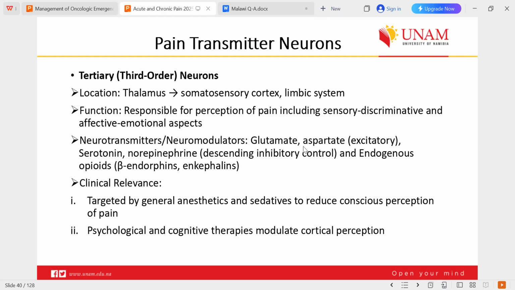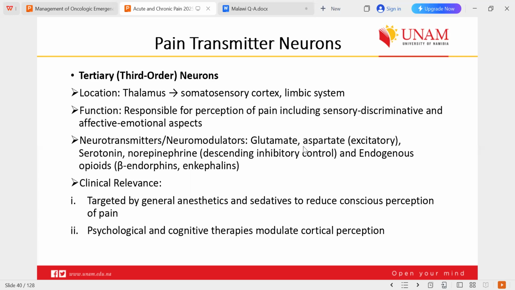The third order neurons are those in the thalamus and all the other regions where pain perception takes place, your somatosensory cortex and limbic system. They are responsible for perception of pain, including sensory, discriminatory, and affective, which is the emotional aspect.